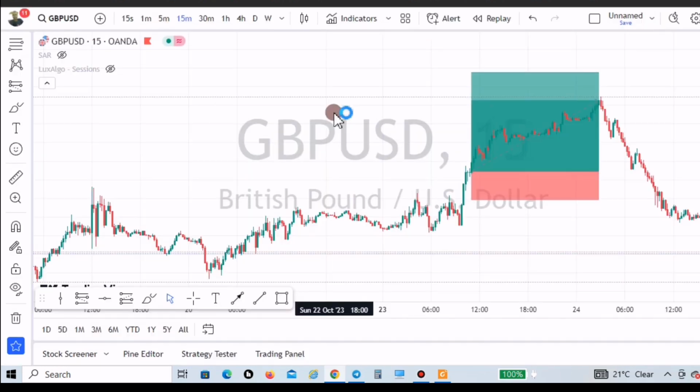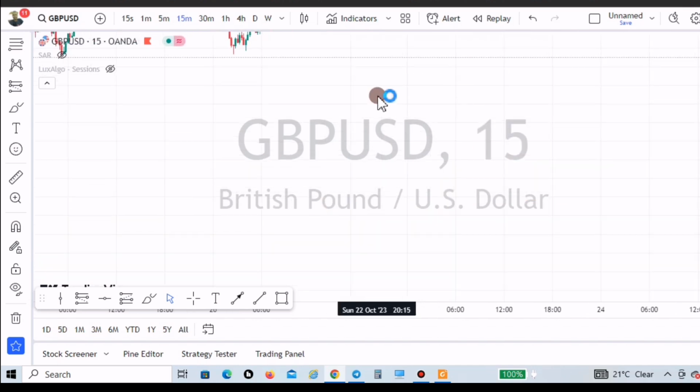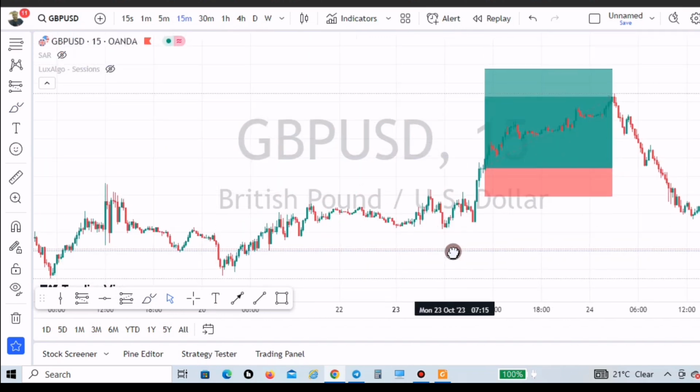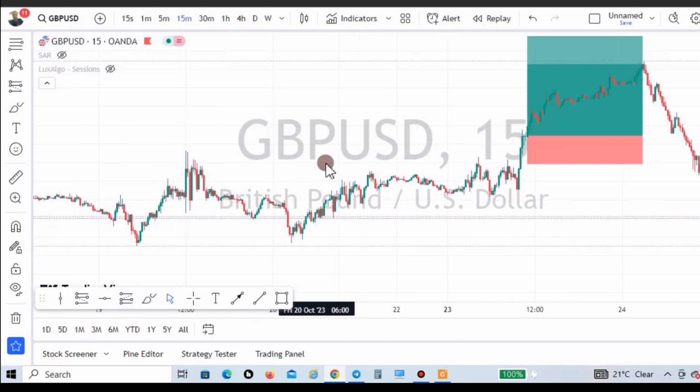So the first thing that you need to do in order to find good entries is to find a time frame that is going to give you a clear picture of the market. This is the 15-minute time frame, and really there's nothing much that you can see from this.